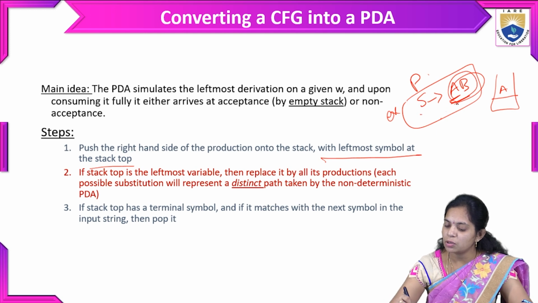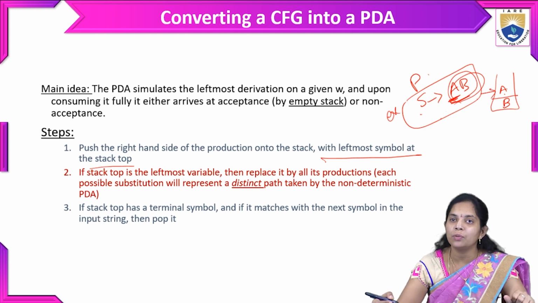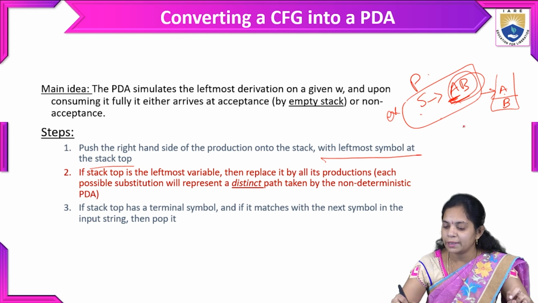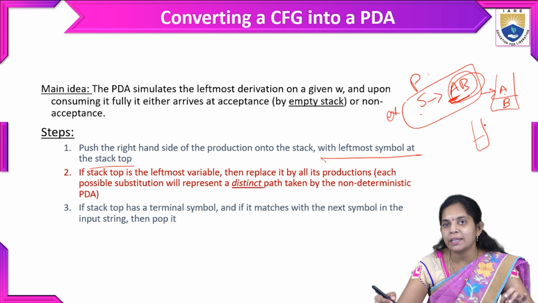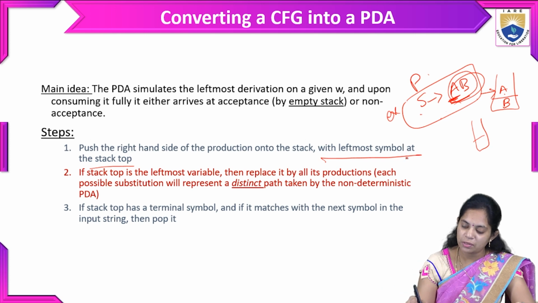So here the production rule, right hand side, it is having AB. So in that one, first leftmost symbol is on the top of the stack. So this is the top of the stack. So like this, how many production rules are there? We have to do all the production rules like this. And we have to push the right hand side of the production rule, terminals or non-terminals, into a stack. So this is the first step.